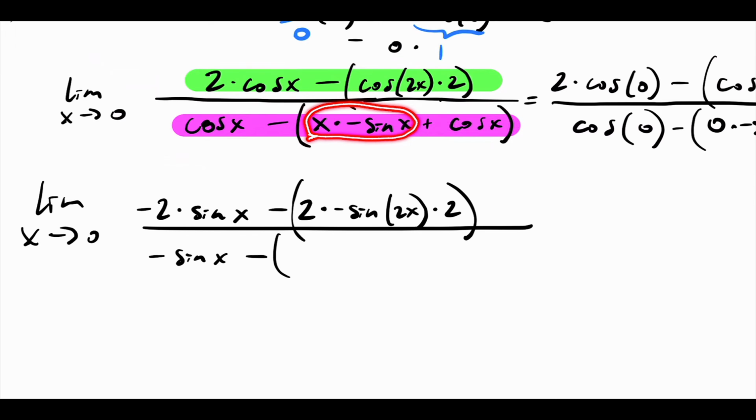So product rule is going to be first times the derivative of the second. So x, the derivative of negative sine is negative cosine, plus 1 times negative sine, and then the derivative of cosine is negative sine of x.